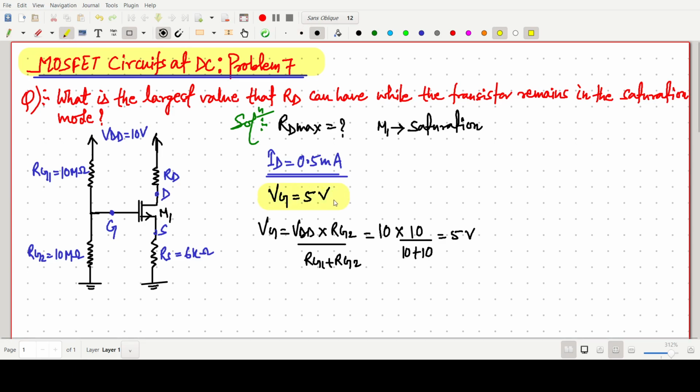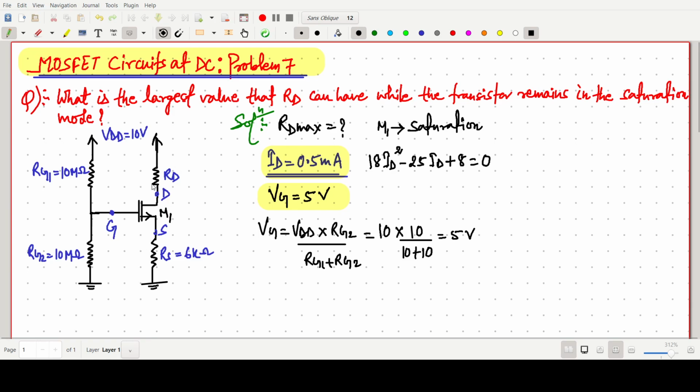And this ID value, if we solve the whole circuit, I am just writing the quadratic equation that we got in the last video, that is 18 ID square minus 25 ID plus 8 equals to 0. This will come after solving.